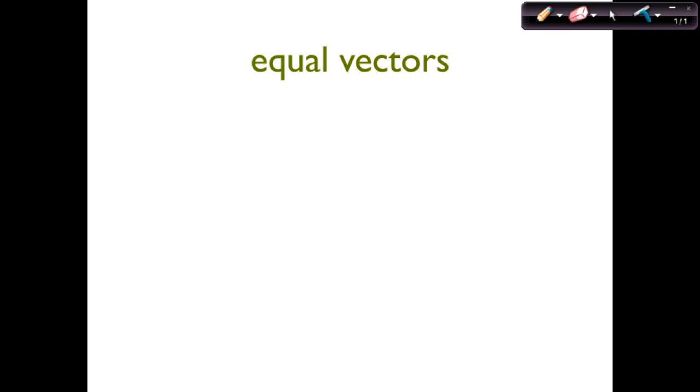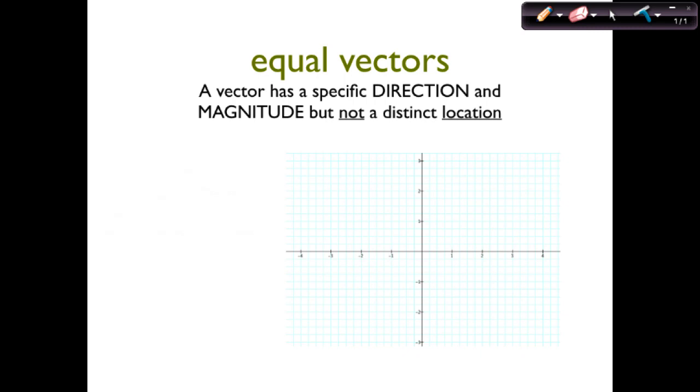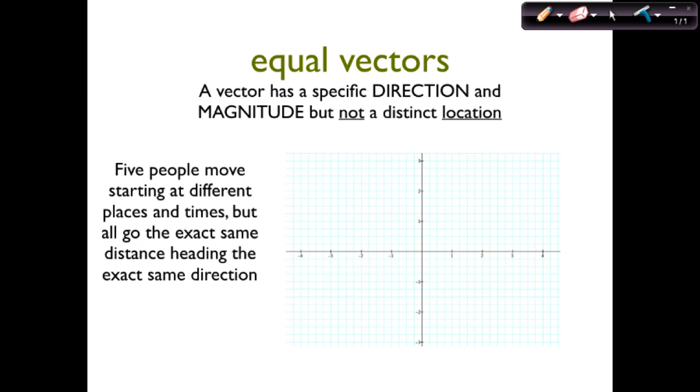Okay, equal vectors. What are equal vectors? A vector has a specific direction and magnitude, but not a distinct location. So vectors are direction and magnitude, but not location. So, for instance, 5 people starting at different places and times, but all go the exact same distance, heading in the same direction.